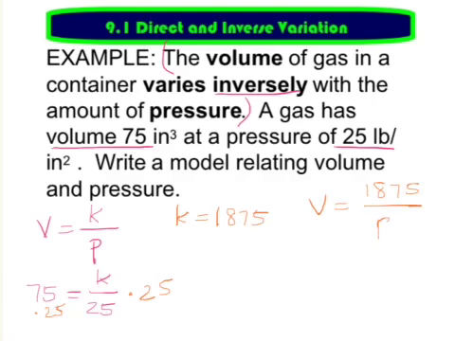1875 over P. And what this does is it allows me then to go on and solve future problems.